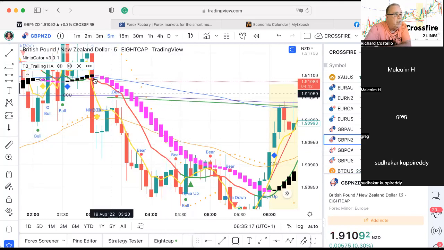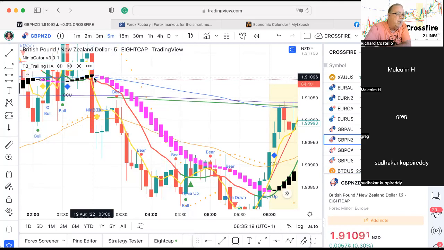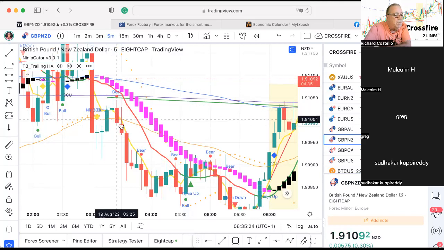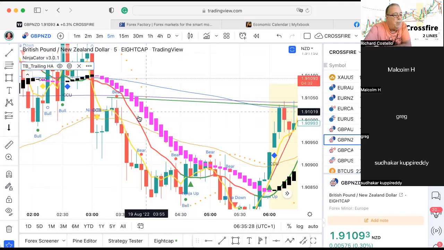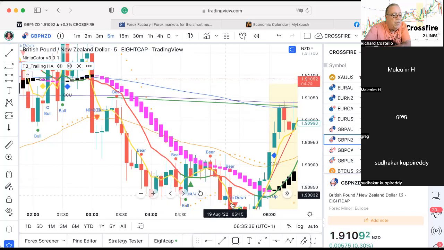So if you got in at that point, under normal circumstances, you might have got out when the color changed. But this purple candle is helping me to stay in. So not only do I stay in until price starts to move up here, but I stay in even longer and price ends up moving right down to there.